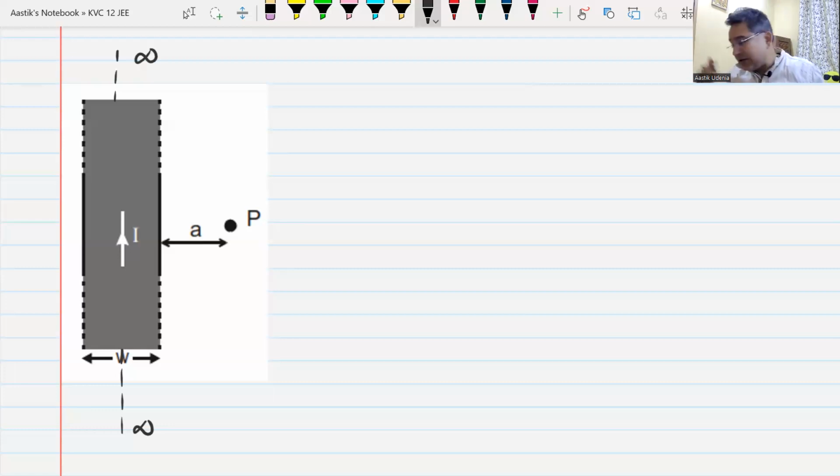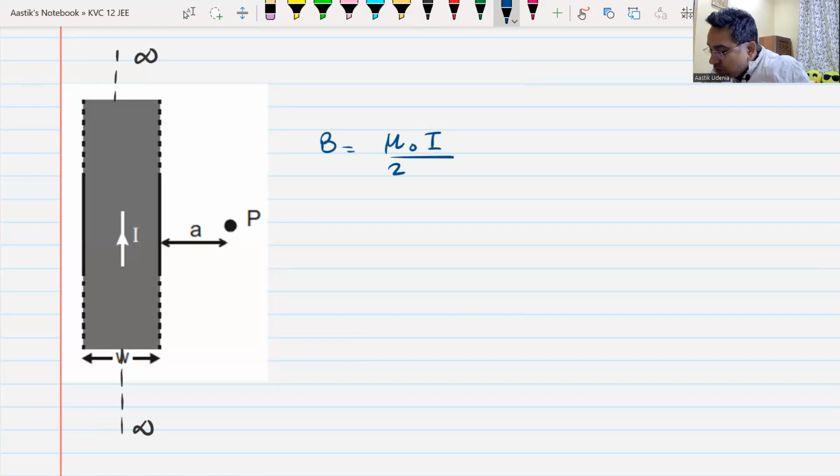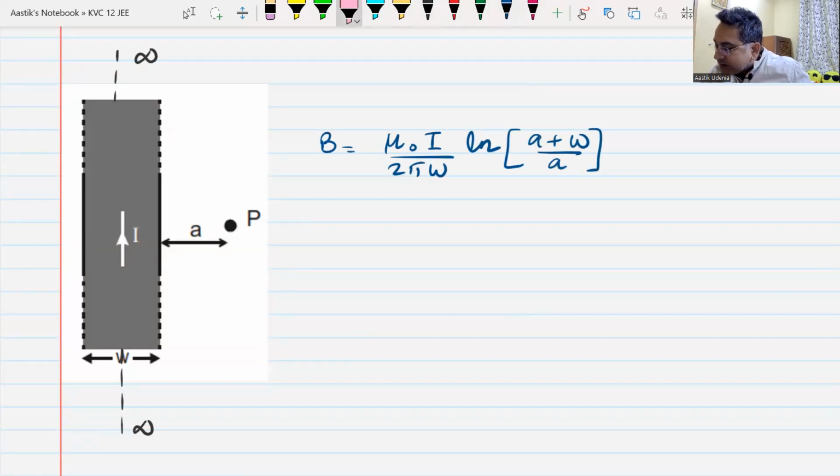We are not going to get into all those things. We are just going to write the formula. Mu naught I divided by 2 pi W ln of (A plus W) divided by A. This is how the answer will turn out to be. Sometimes this I by W is given as lambda, current per unit length.